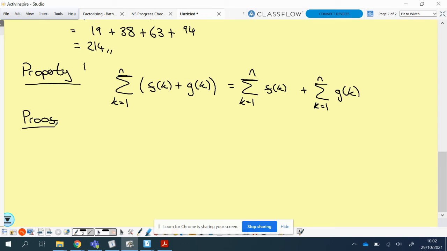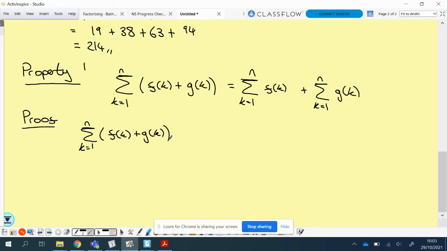So the proof of this: if I start off with the left hand side, that's f of k plus g of k, all in the sum k equals 1 up to n.